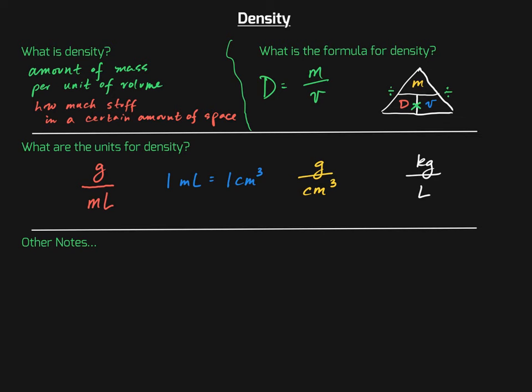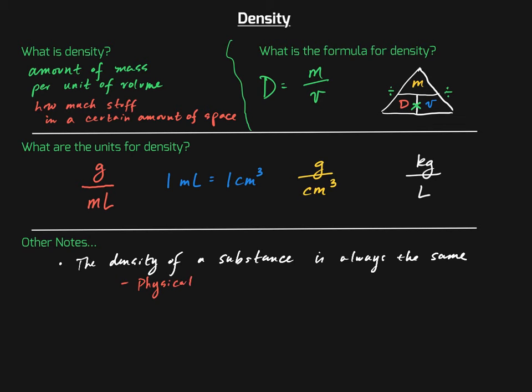Now I have some other quick notes that I want us to go through here. The first is that the density of a substance is always the same. Okay, now why is that? Well, the key reason is that density is a physical property.